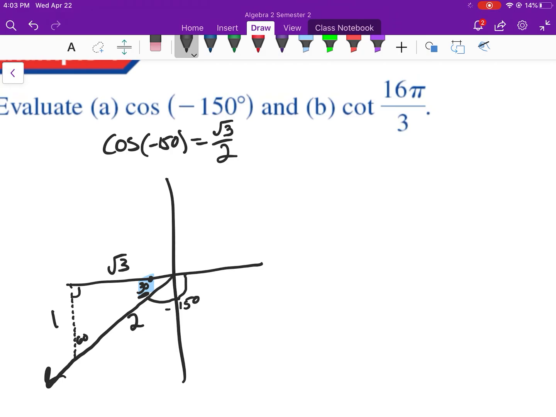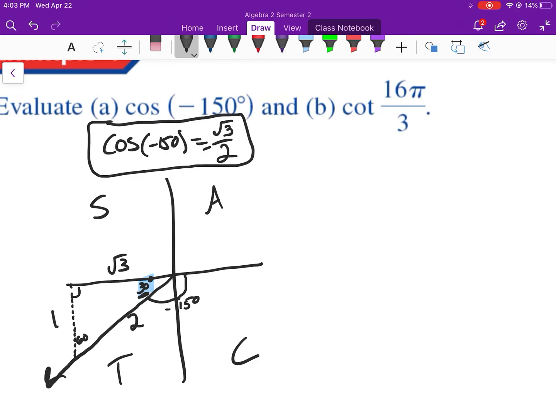Okay, and then if we remember, All Students Take Calculus. T is quadrant 3, so that tells us just tangent is positive, meaning cosine should be negative. So the cosine of negative 150 degrees is negative square root of 3 over 2.